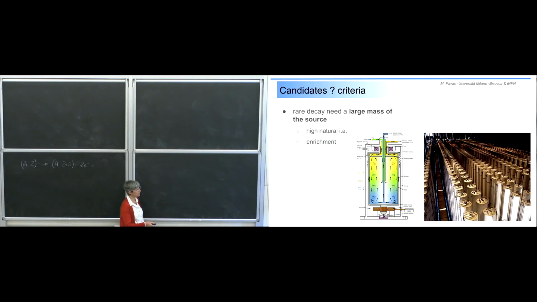And this technique can be applied only if you are able to produce your isotope in the form of a gas. So you need a molecule that contains your isotope that is a gas. And generally, this is a hexafluoride that is highly reactive and corrosive, as all fluorides. So handling this is not easy.